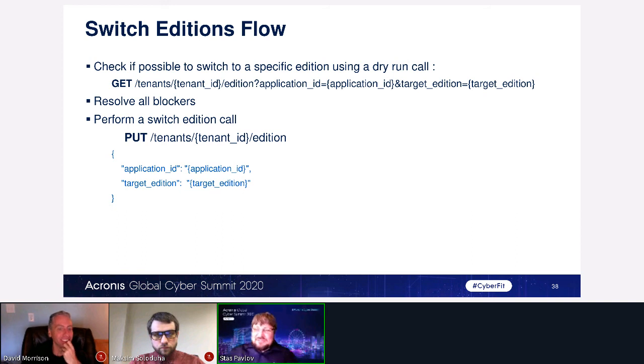Okay, so let's quickly think about it. Remember, I have all these 8 editions and only one edition for a customer. There might be business needs when I need to switch from some edition to a more current edition or another edition. And now you have a very simple way to do it in 2 steps. You just ask for a dry run to understand what kind of challenges you can have when you try to switch edition, and then just switch edition.